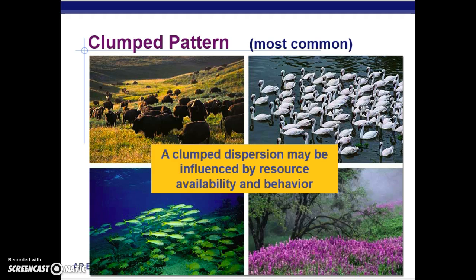And as you can see here, the clump dispersion has a lot to do with the resource availability. So, for example, with these flowers here growing in the bottom right-hand corner, most likely the nutrient and perhaps water availability is highest where these have chosen to clump.